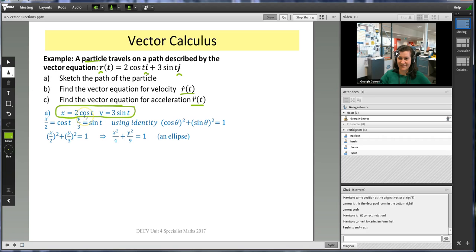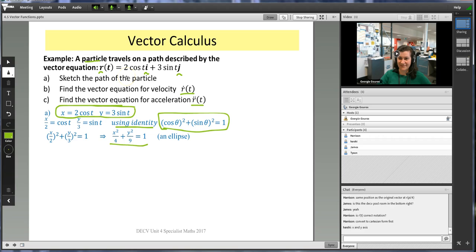Because it's got a cosine and a sine, if you manipulate this slightly, you'll be able to apply the Pythagorean identity to relate those two x and y together. If you divide both sides of the x by 2, you get x on 2 equals cosine of t. And for the y, if you divide both sides by 3, you get y on 3 equals sine of t. And then you can combine those two, x and y, and it forms an ellipse.